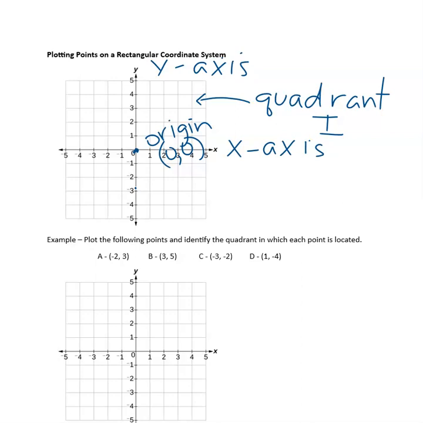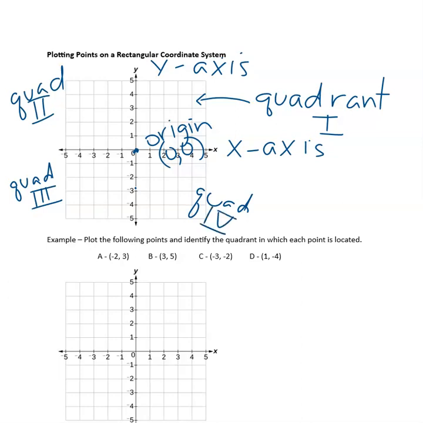So it's to the right of y and above x. Quadrant 2 is going to be over here to the left of the y-axis and above the x-axis. And you'll notice that we're going in a counterclockwise fashion as we name the quadrants. So quadrant 3 would be down here, and quadrant 4 would fall here.